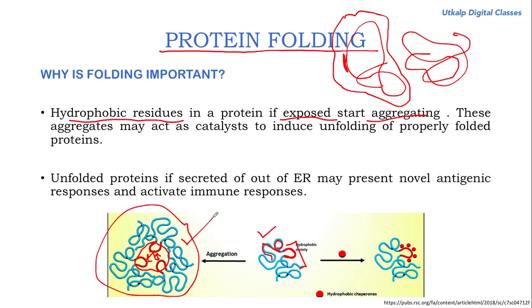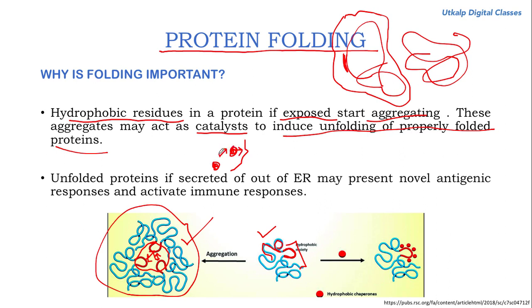Why are they problematic to the cell? These aggregates will act as catalysts, which in turn will induce unfolding of other properly folded proteins. If I have one hydrophobic residue here, one here, and water all over, these hydrophobic residues are going to repel the water, but attract each other.